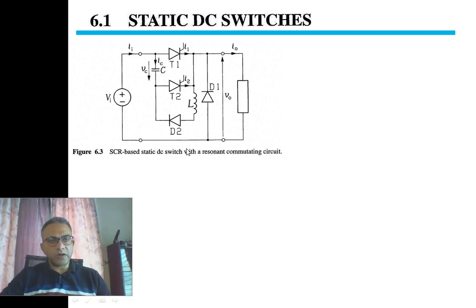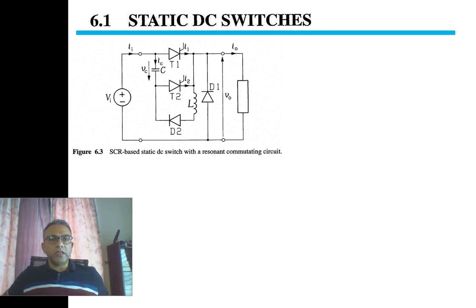In this part, we will discuss how thyristor T1 is turned on and how it is turned off. Our major focus will be on how thyristor T1 will turn off. This circuit that you see is your normal DC-DC step-down converter.